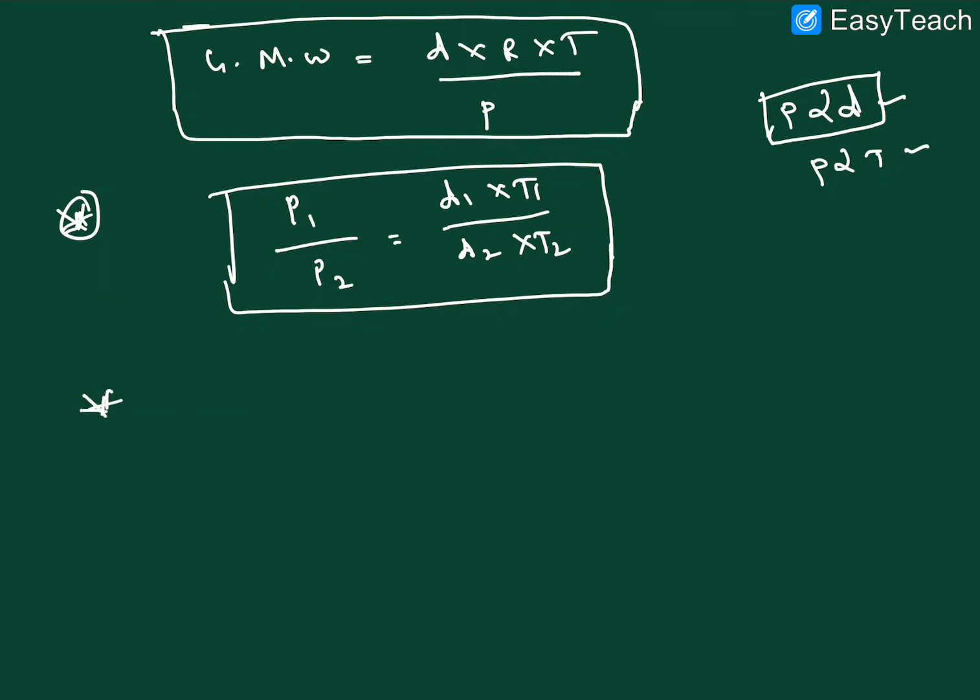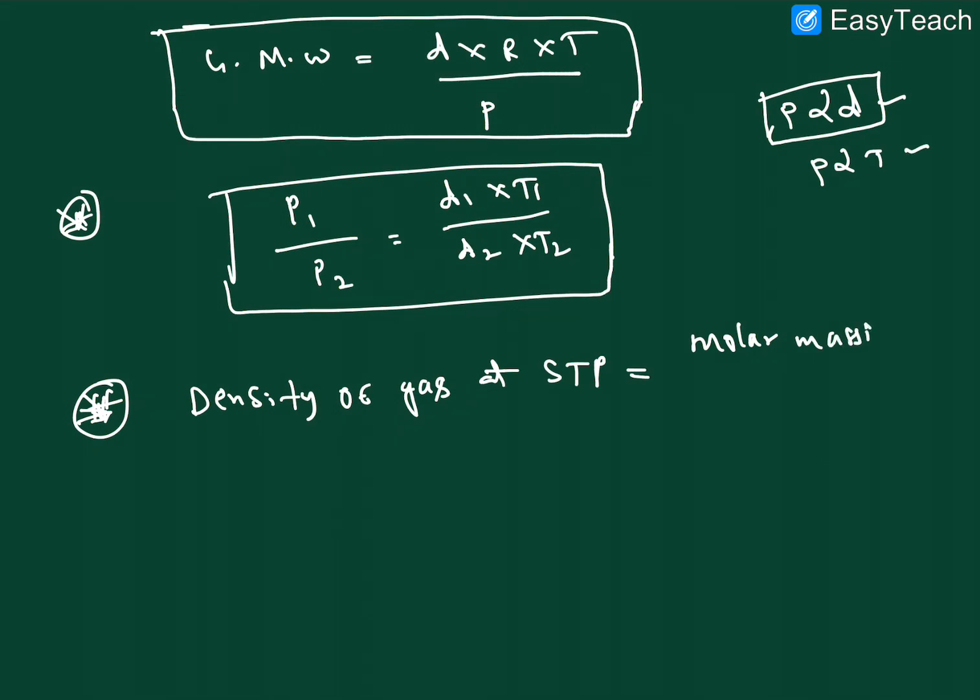If the pressure and volume units are changed, the gas constant also changes. I hope this point is very clear. If we take different volume and pressure units, the gas constant also changes. Let me explain how it changes.